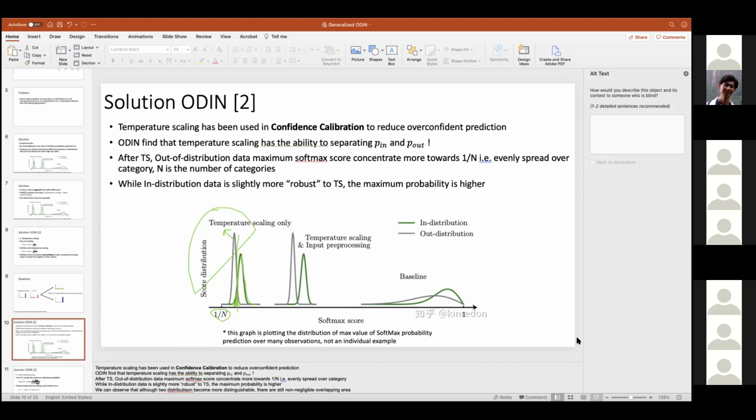I have a question here. Is it an empirical result, or do they have a theoretical proof for this phenomenon, like the out-of-distribution data after temperature scaling concentrating towards 1 over n?